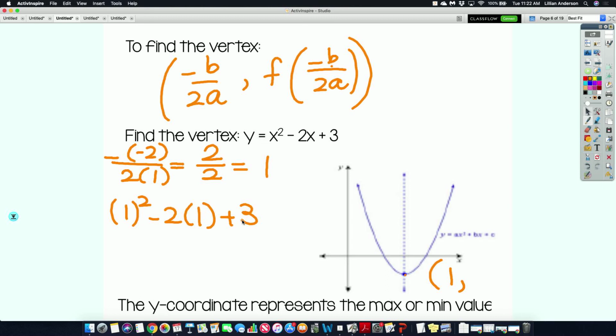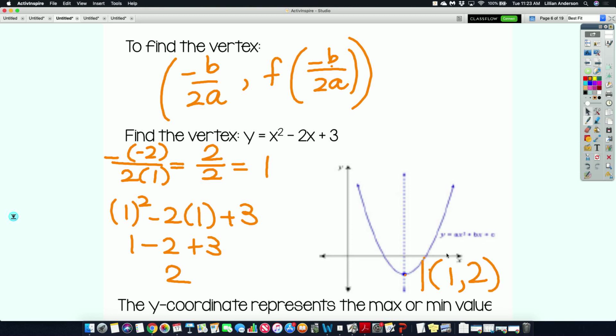And please, order of operations: if there's a number in front of that x squared, you always square the number first and then multiply. What's 1 squared? What's 2 times 1? So what's 1 minus 2 plus 3? It's 2.